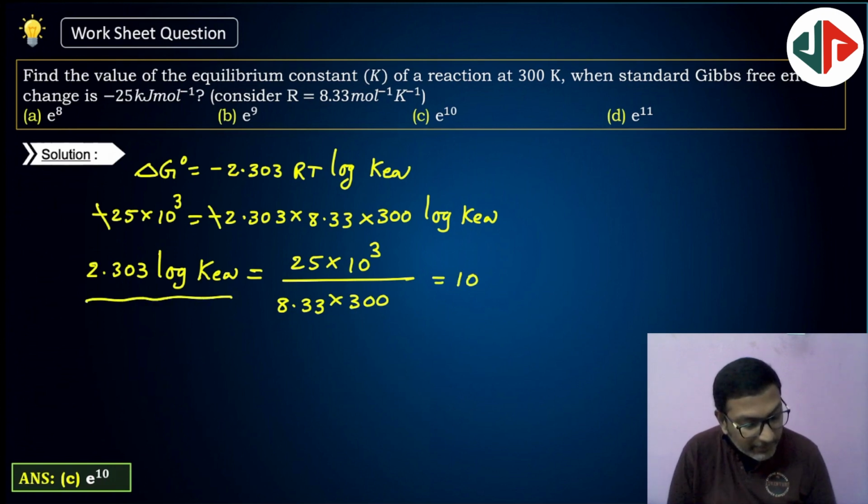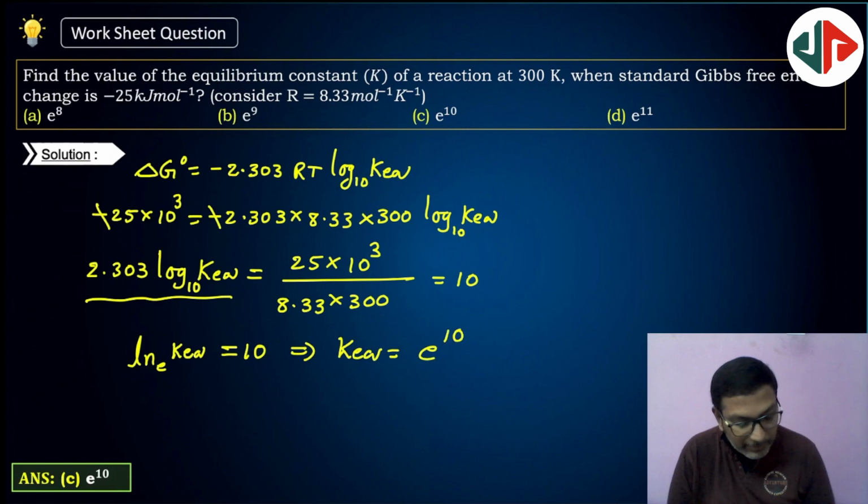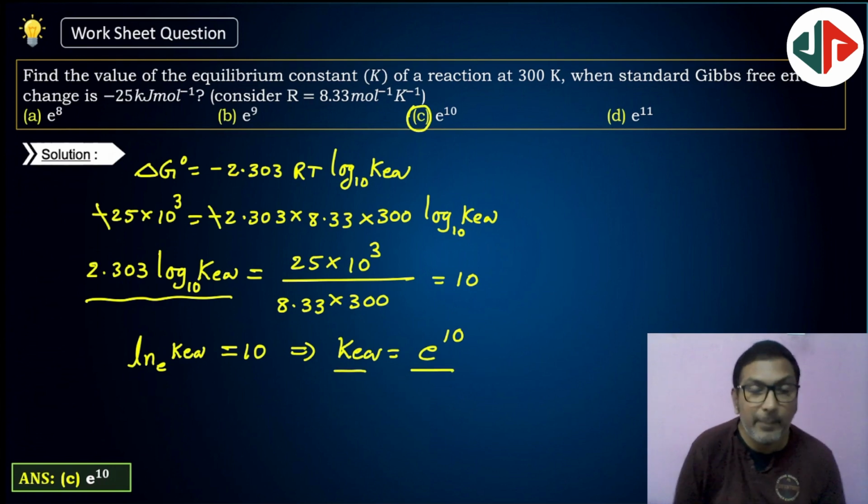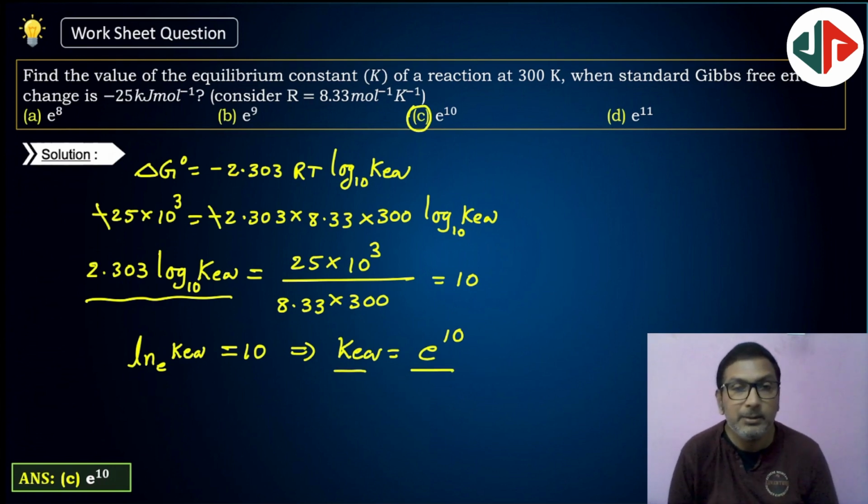So this value will be ln K equilibrium base e. This is base 10. Log means here base 10. Ln base e equal to 10. That implies K equilibrium equal to e power 10. So e power 10, C option. This is the equilibrium constant. So relation between standard change in free energy and equilibrium constant.